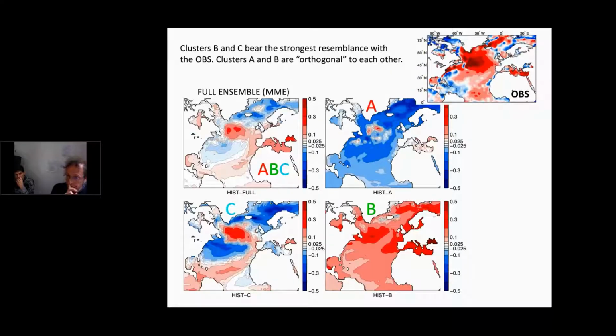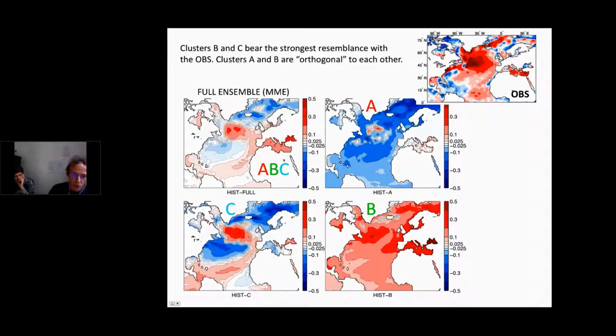If we use this information, then we can restratify the model information into subsets according to the cluster that we have just identified. If we call these three clusters A, B, and C, and you repeat this composite, you will see that depending on whether we only pick the models A, which are the ones that fail in reproducing the cooling, or we pick the models B, which are the ones that capture well the model behavior, you will see that the outcoming pattern has a very different kind of similarity with the OBS.